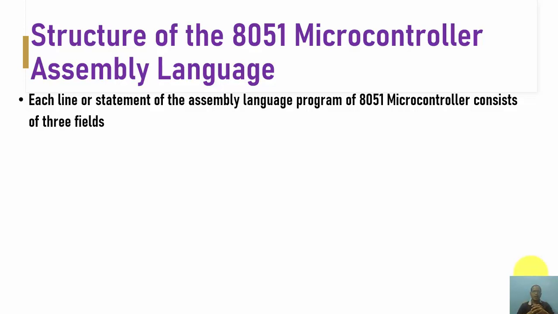to an 8051 microcontroller in which each line or statement of an assembly language program of 8051 consists of three different fields. The first field is called the label. The second field is mainly called the instruction, and the third field is called the comment.